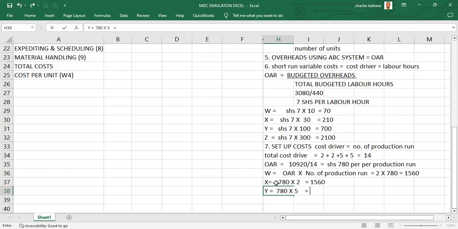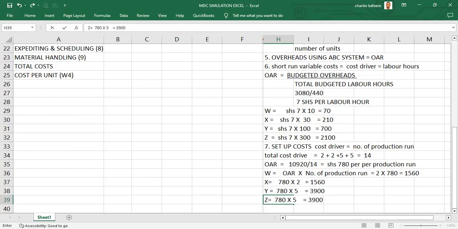This will give us 3900. Even for product Z, it's going to be the 780 multiplied by 5, which will give us the same answer, which is 3900. So it is these figures that we are taking for the setup costs.